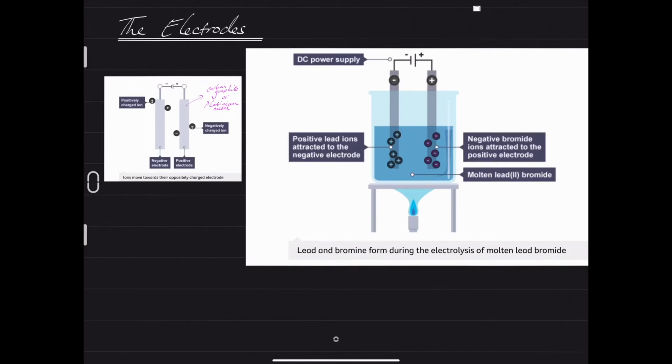But what I want you to do for now is pause the video. Your task is just to draw out a quick experimental setup of electrolysis in this simplified format.